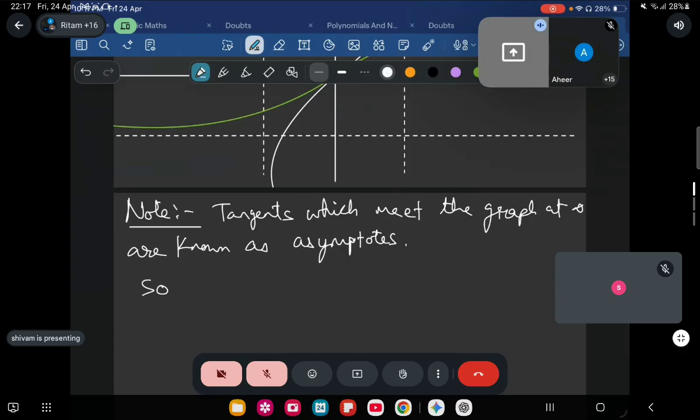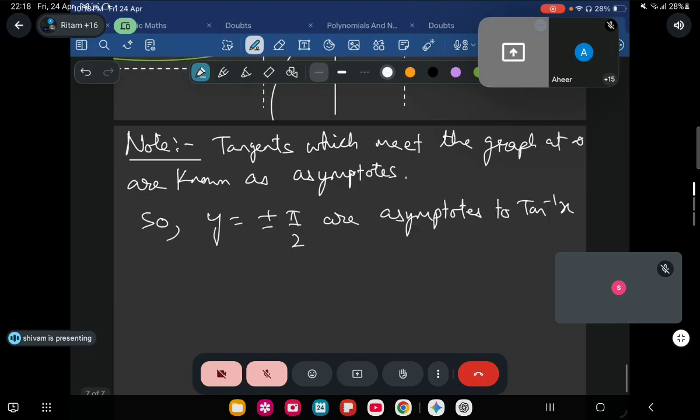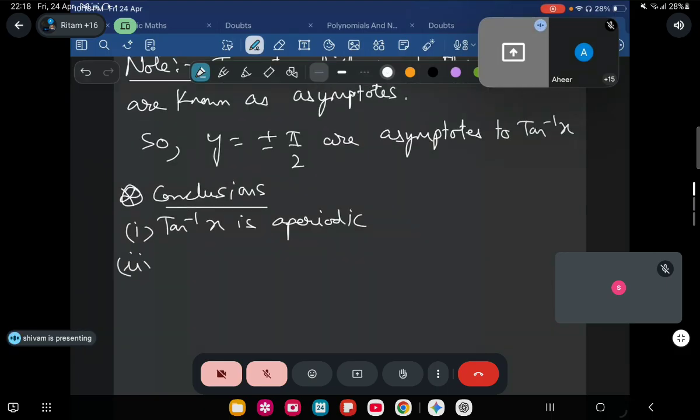So over here, can I say that y equal to plus minus pi by 2 are asymptotes to tan inverse x. Next, there are some conclusions we can draw. Again, everyone, tan inverse x is aperiodic.